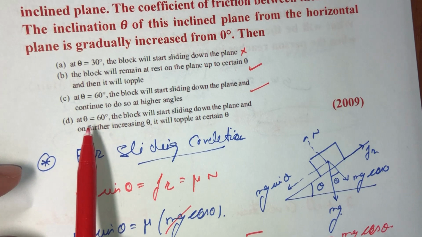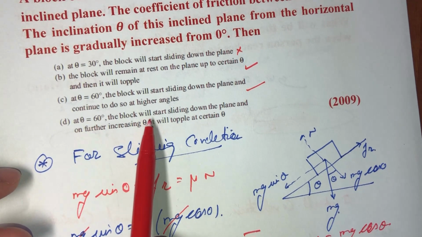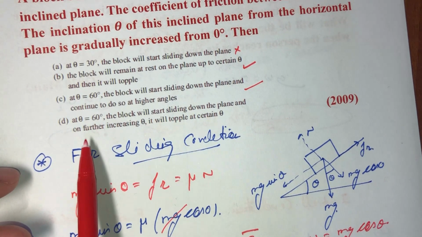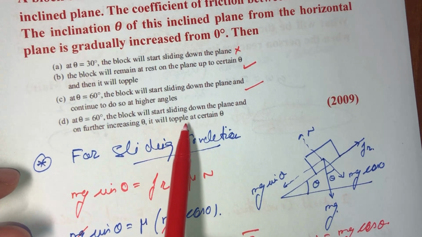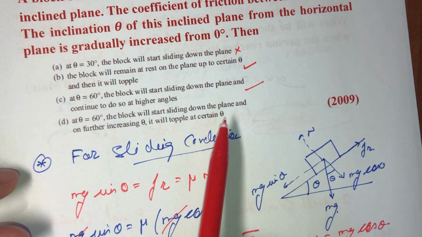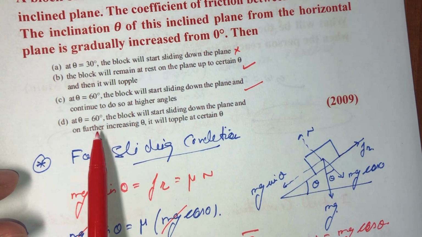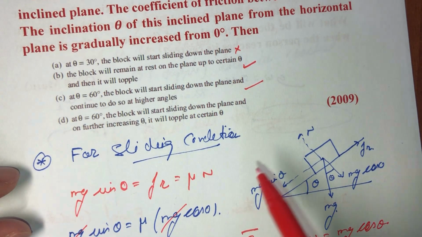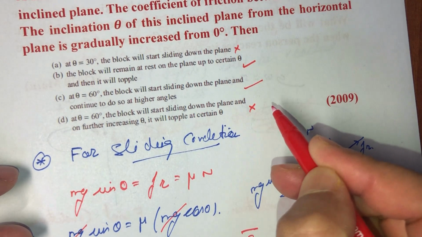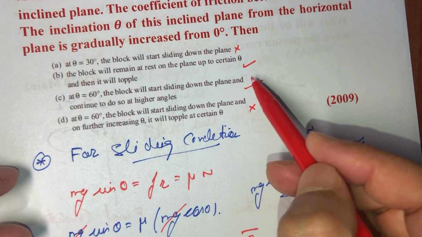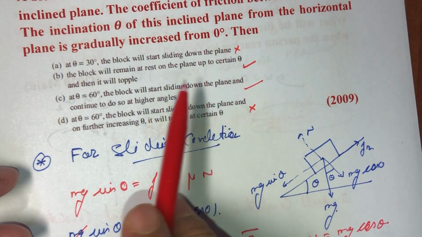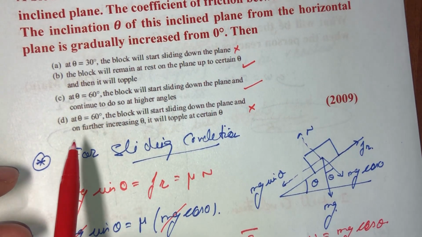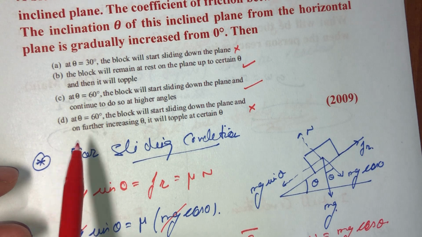And the last statement says that at theta equal to 60, the block starts sliding down the plane, and on increasing further theta, it will topple at certain theta. But we found out that the angle of topple theta is less than 60 degree. So this statement is false. So we have only 2 statements that are true, B and C, and A and D are false statements.